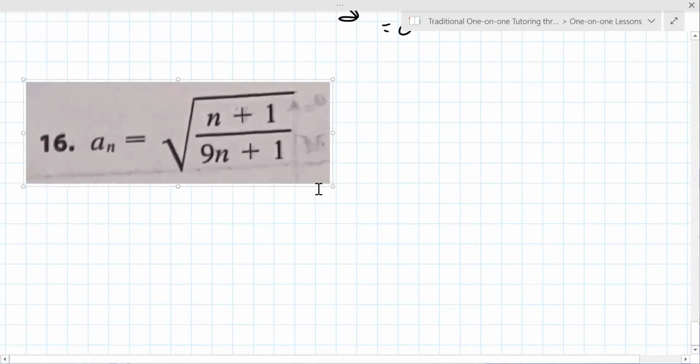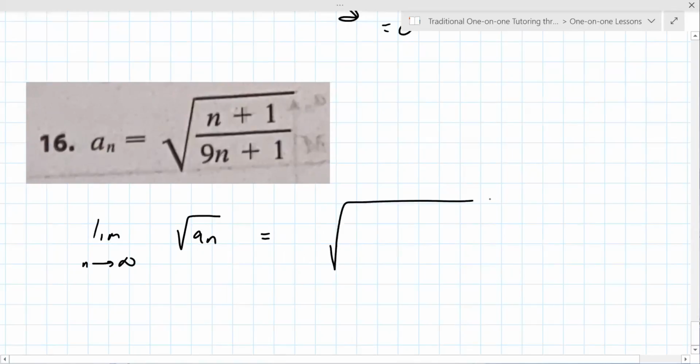All right. So there's this property of limits that if you take the limit as n goes to infinity of the square root of a_n, this equals the square root of the limit as n goes to infinity of a_n. Why is that useful here? Because you ignore the square root for the moment.